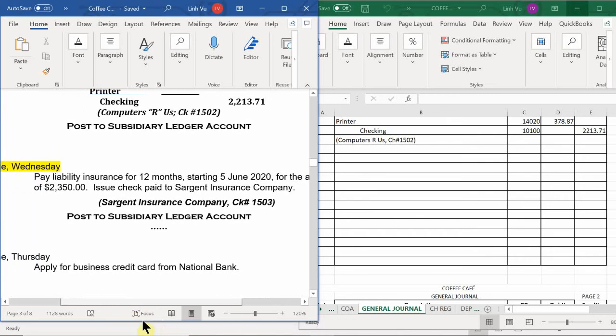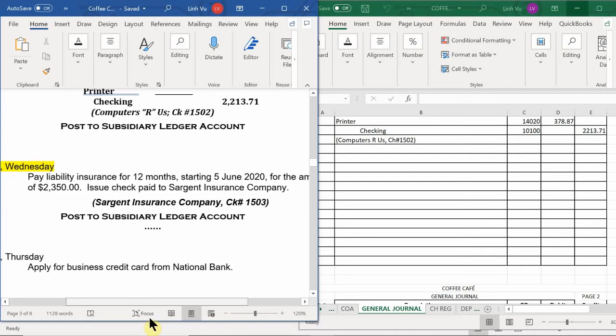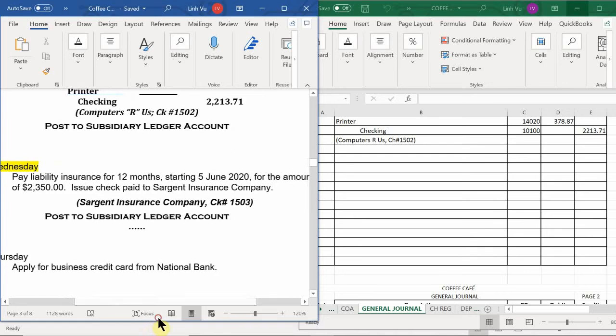Now, it's going to be the same thing as rent. We bought a whole year's worth of insurance, but right now, can I expense things for the company for the months of July, August, September, October?